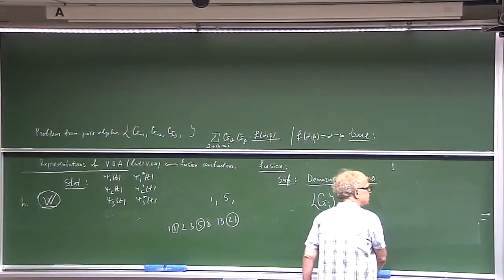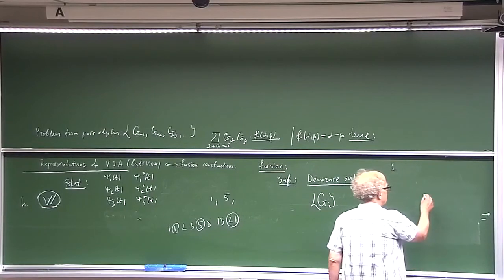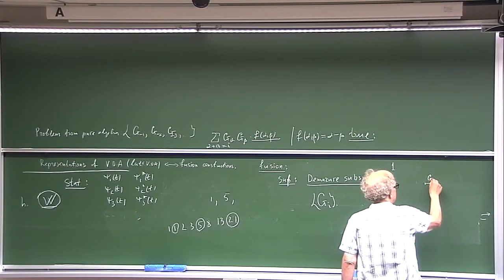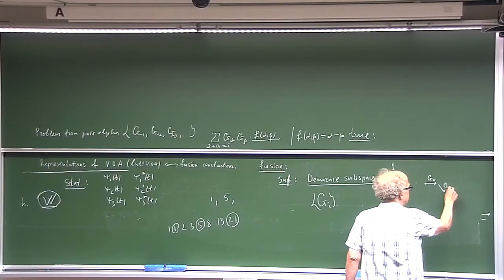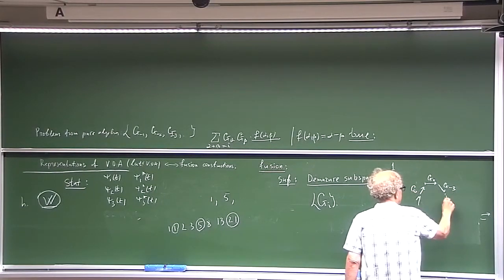Different tails means that I can consider something like this. Here acting G0, here acting G minus 3, here acting G3, and so on.